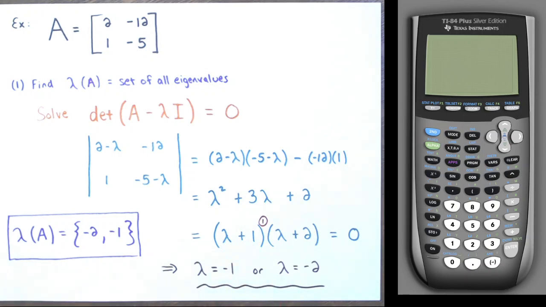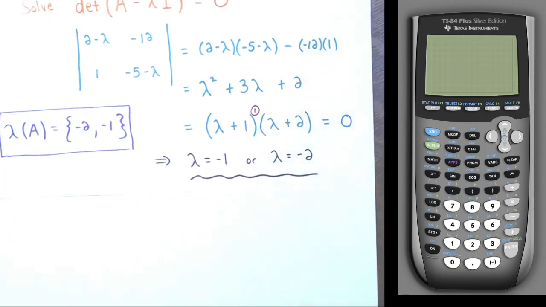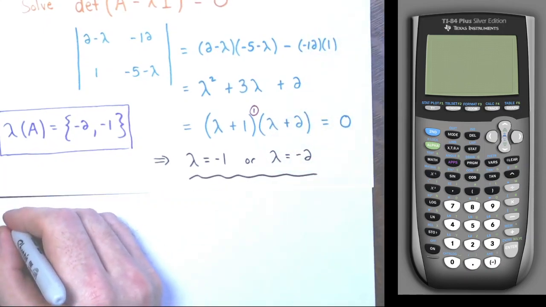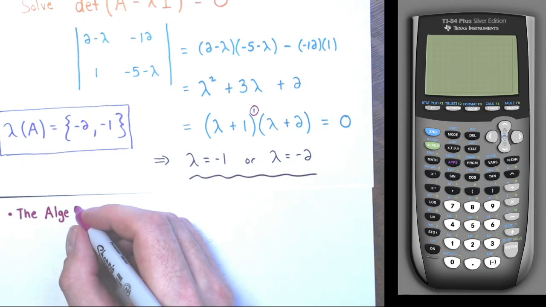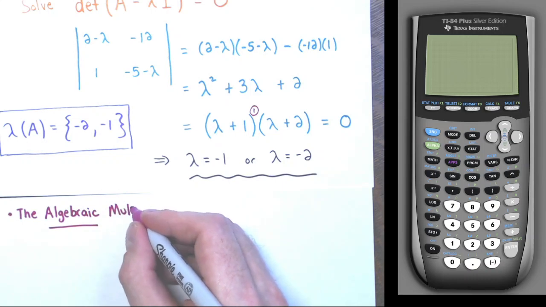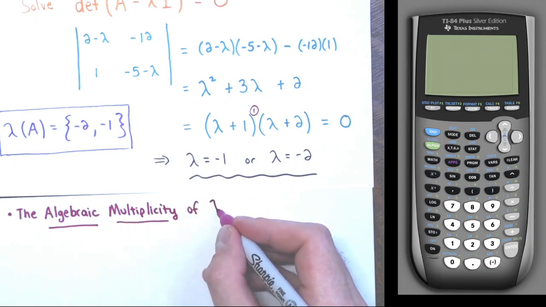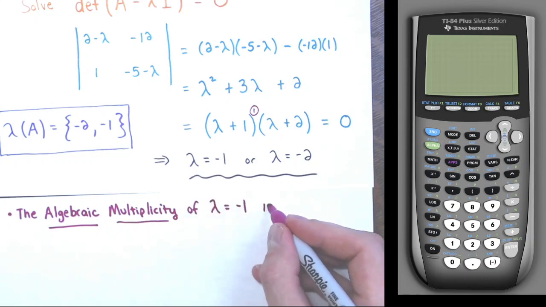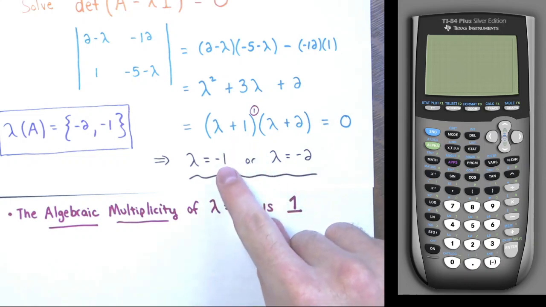So one thing to note is that the algebraic multiplicity of lambda equals negative 1 is 1, because there's only one factor of the characteristic polynomial that makes 0.